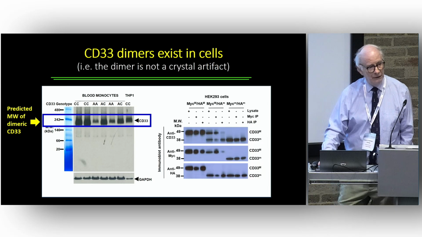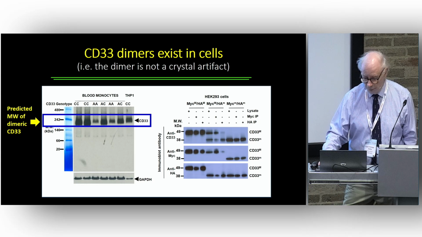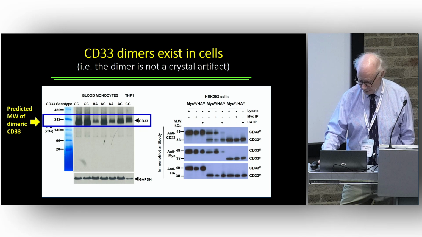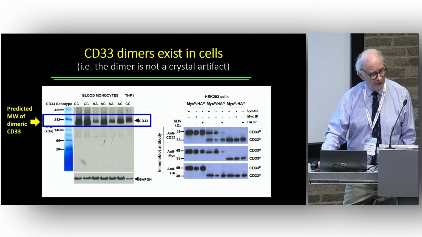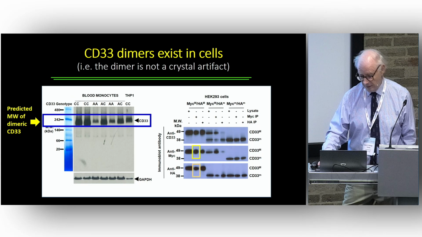The second thing that we did was transfect HEK293 cells either singly or doubly with two cDNAs, one tagged with MYC and the other tagged with HA, and we then immunoprecipitated using the MYC tag. In cells that had been transfected with two copies of the long isoform, you could see that using MYC to pull down would pull down the HA epitope.